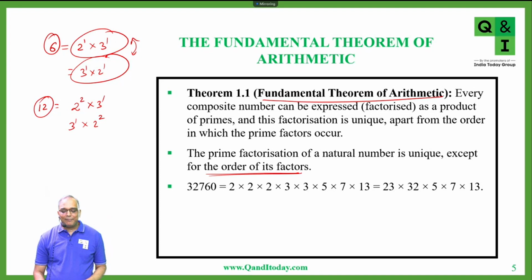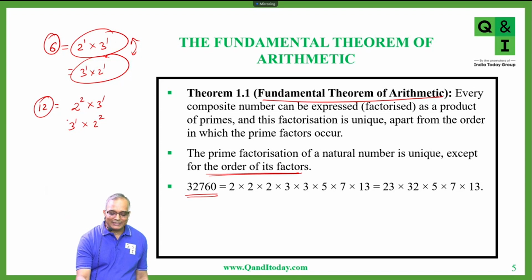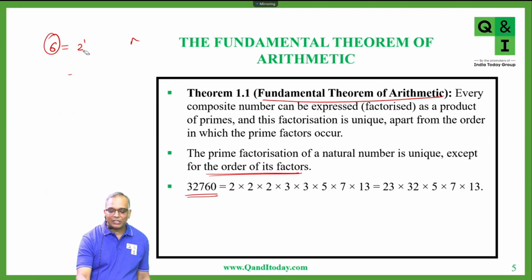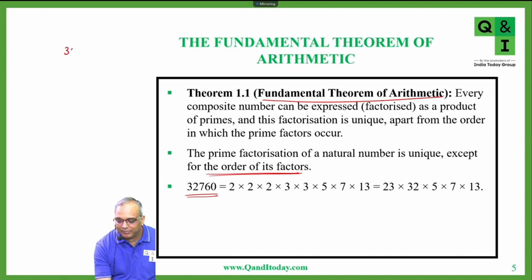Now, for example, if we factorize 32760, let's see what its prime factors are. Let's find it out, and we'll also learn how to prime factorize a number, so that if you have forgotten it, it will be revised. So 32760.